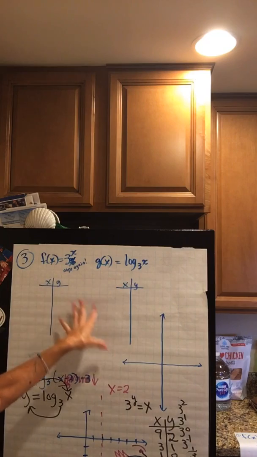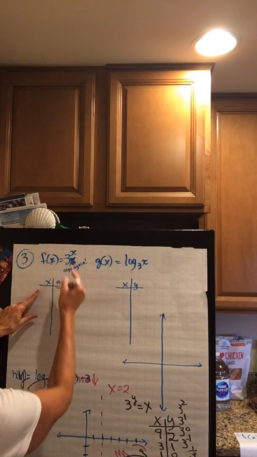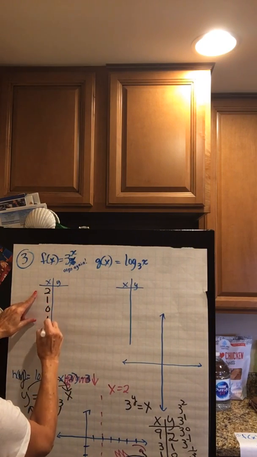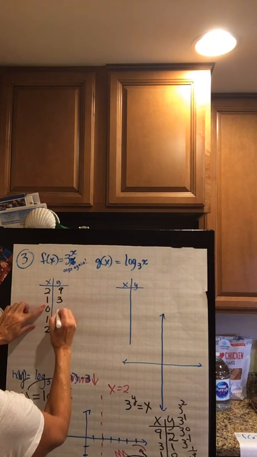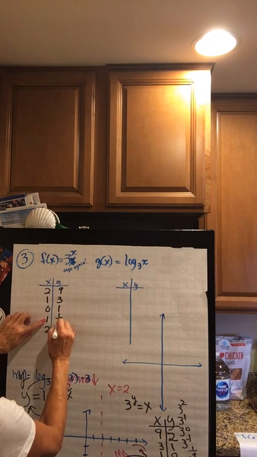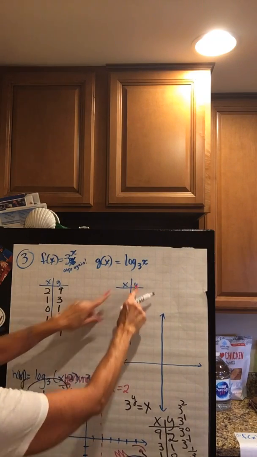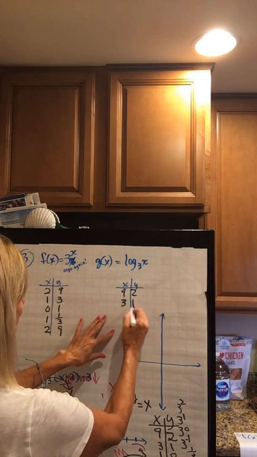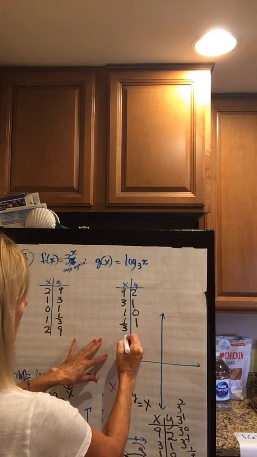If you are given a setup like this, if I did 3 to the x, same points, -2, -1, 0, 1, 2, 3 squared is 9, 3, 1, this would be 1/3, this would be 1/9. Find the inverse of log, 9, 2, 3, 1, 1, 0, 1/3, -1.